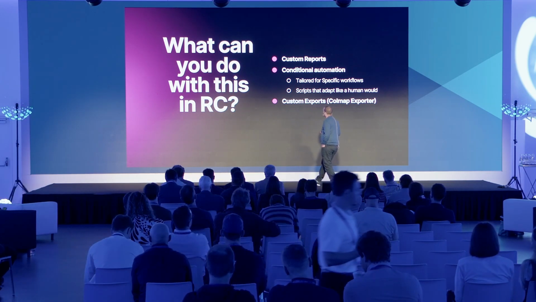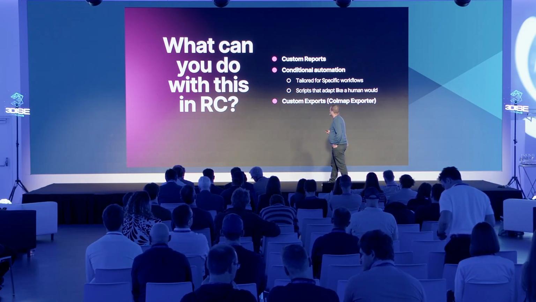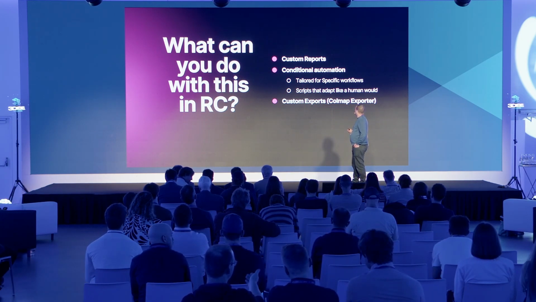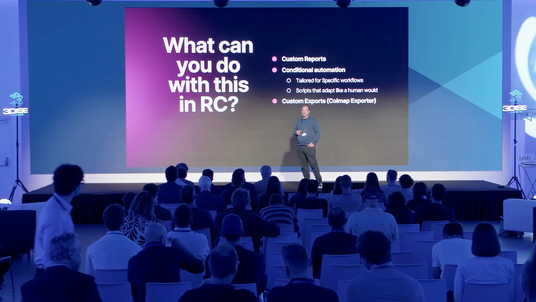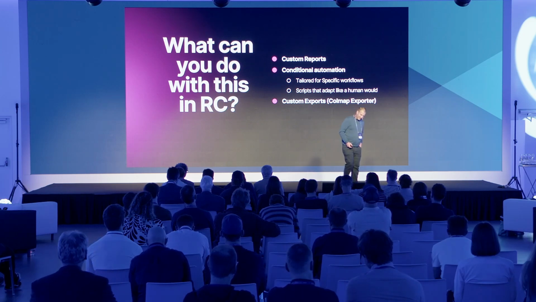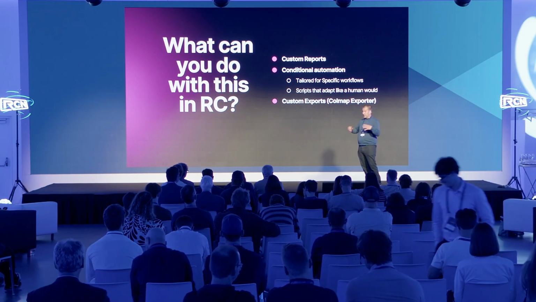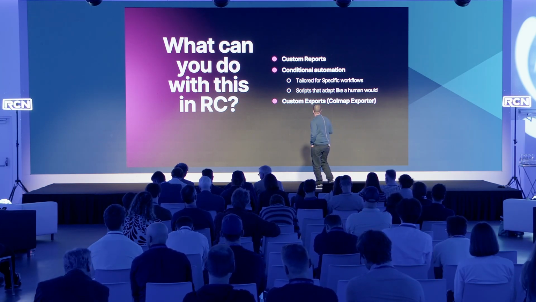You can tailor your scripts for your specific workflows and adapt in the way a human would. Sometimes you will do the same thing in specific situations when you're working in RealityCapture. You'll be like, if this is the state of my project, then I always do this.